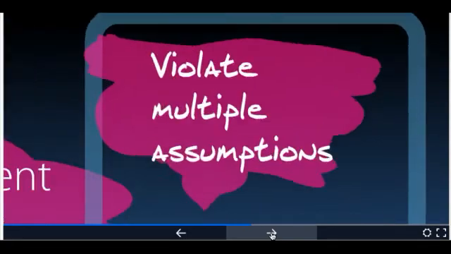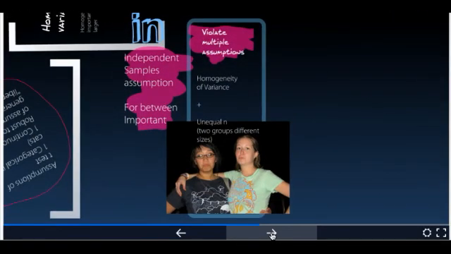One of the things to actually watch for in t-tests and ANOVAs too, by the way, is if you're violating multiple assumptions. And in particular, there are 2 assumptions that go together and make for sad graduate students.